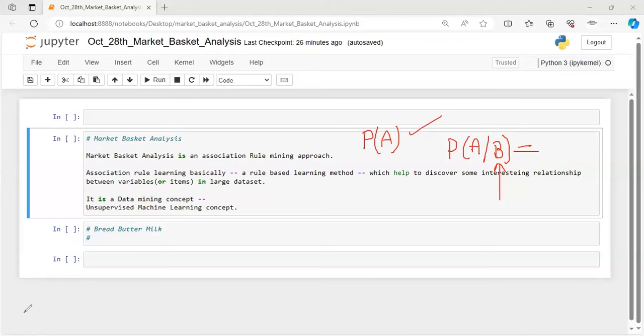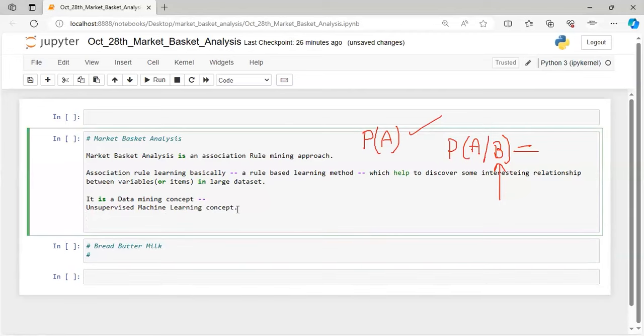I'm writing here, 1 minute. So we will discuss this thing also. There are 3 components which decide the association, you can say the degree of association.